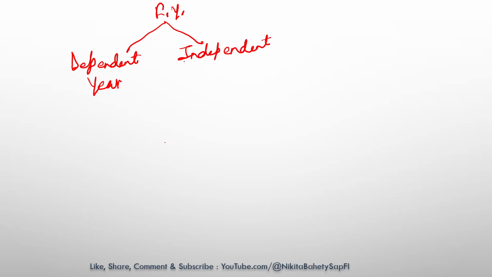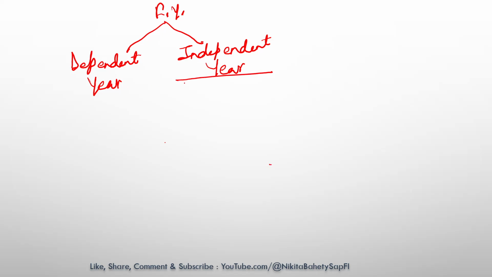A fiscal year, or you can say financial year, can be of two categories: one is a dependent year, and another one is an independent year. Fine. What do we mean by independent? As the word states, it is independent. It is not dependent on anybody.